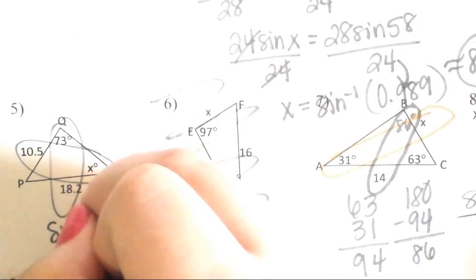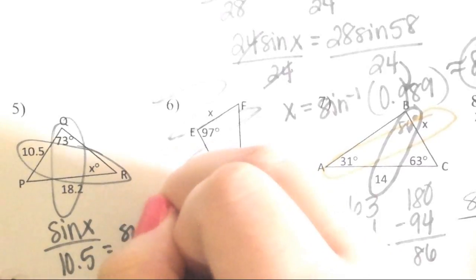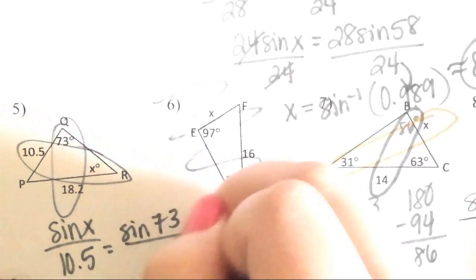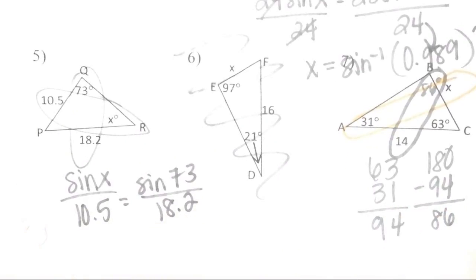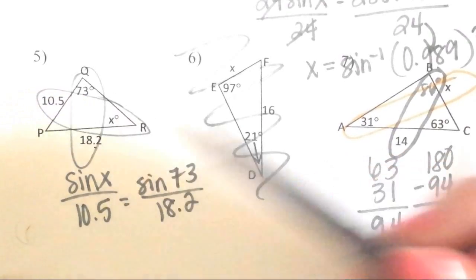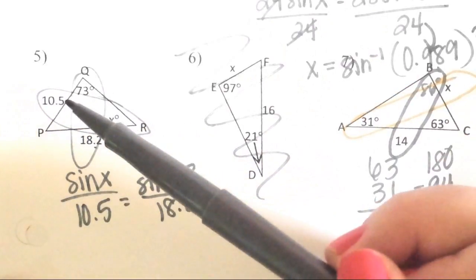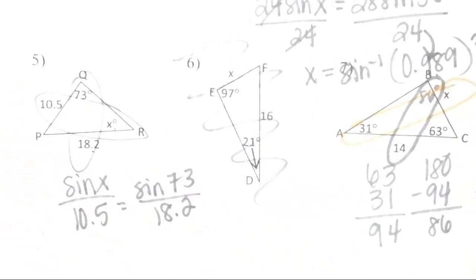Okay, so I'm going to do sine x over 10.5 equals sine 73 over 18.2. Are there any questions about how I set that up? Sine angle over side length equals sine angle over side length.